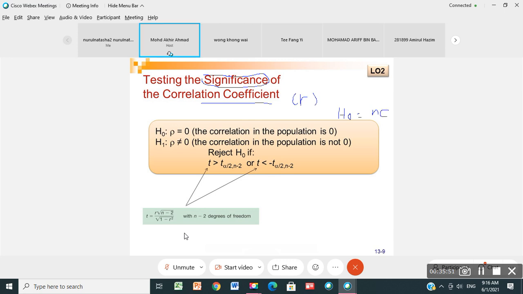Then the other one, H1, means they have correlation. So we develop this hypothesis: H0 is no correlation, H1 is correlation. So we are using this decision rule: we reject H0 if t is more or less than t alpha divided by 2, n minus 2.